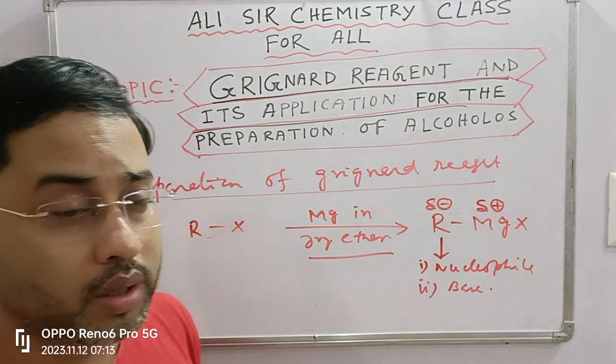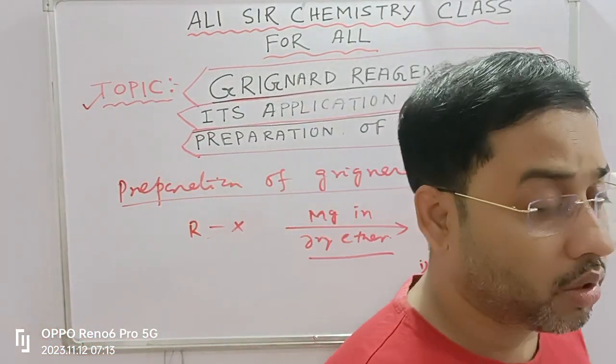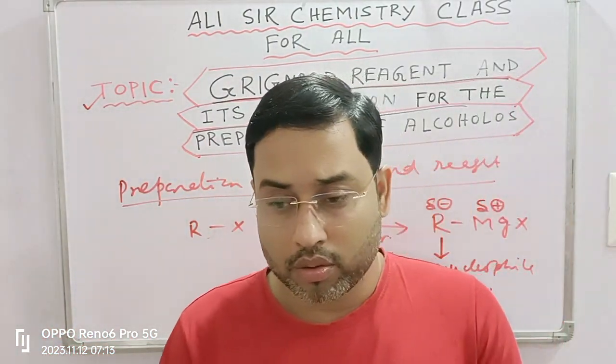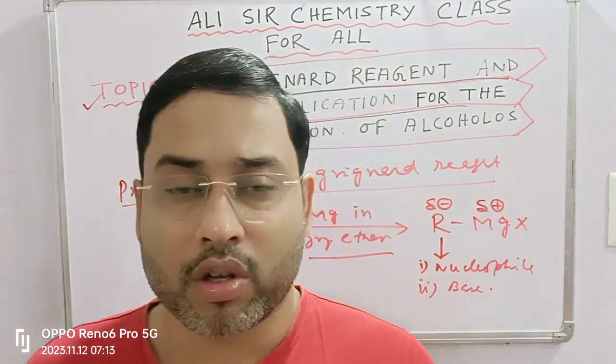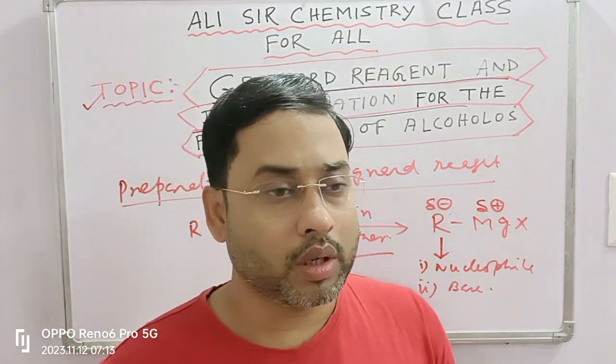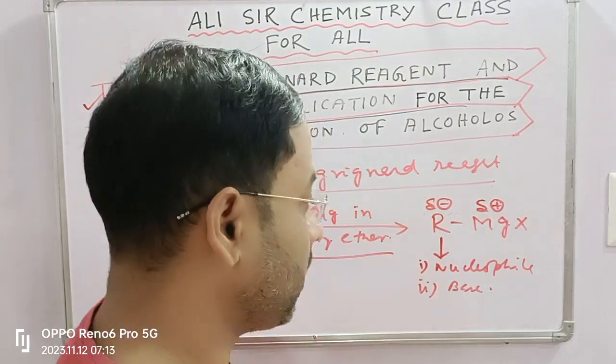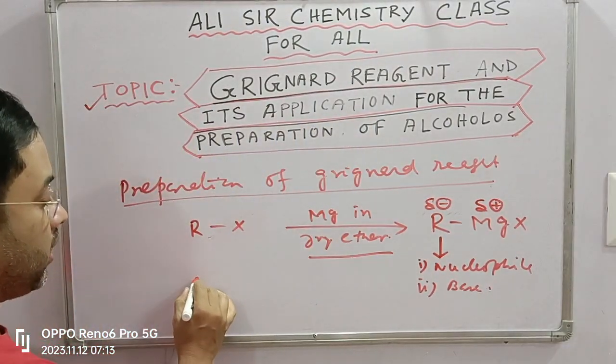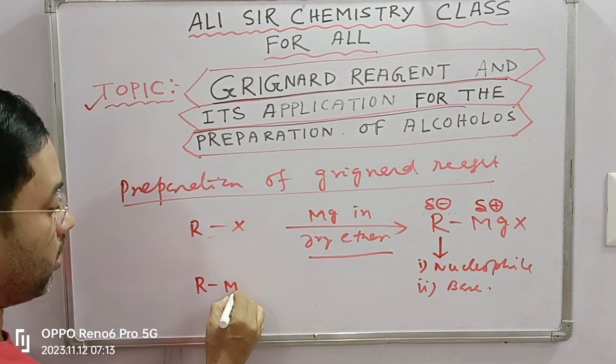So if you do not use the dry solvent, if moisture is present in the solvent, the water molecules will react with Grignard reagent to form alkane, and that means the Grignard reagent decomposes.